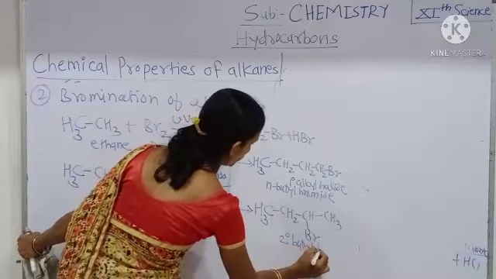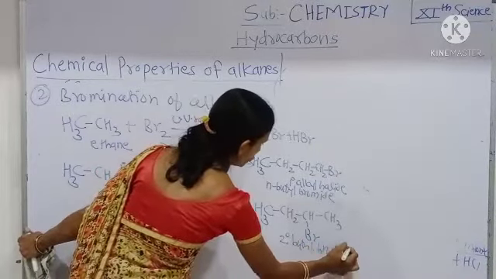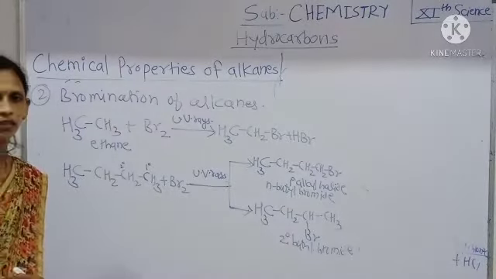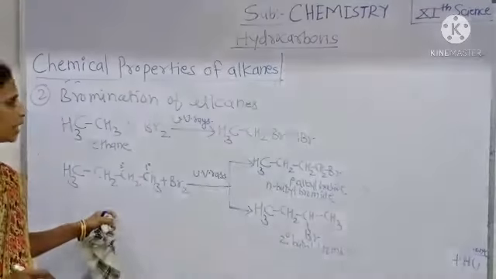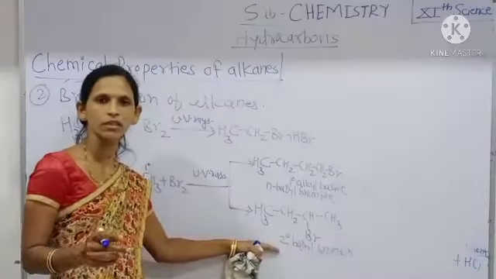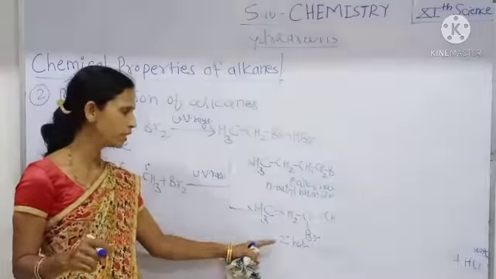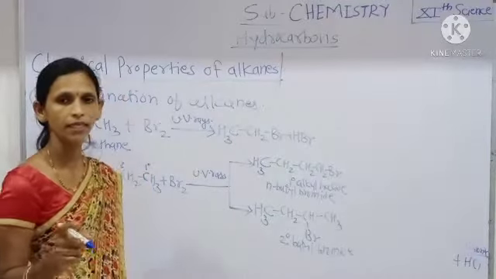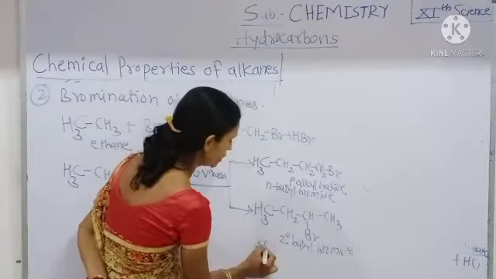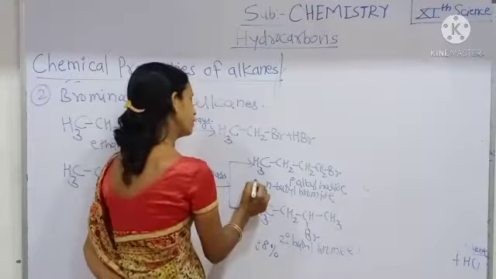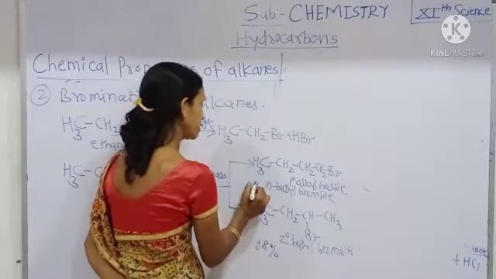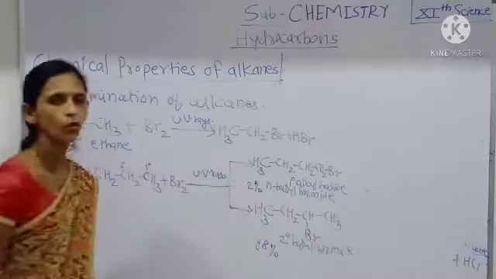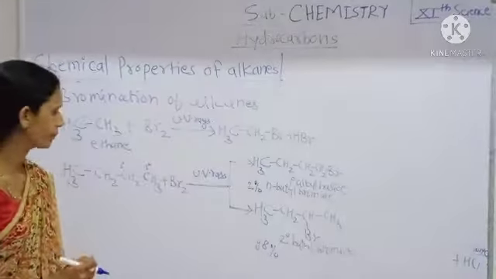Secondary butyl bromide is the major product, of nearly 98%, and here 2% primary alkyl halide, that is n-butyl bromide, is formed.